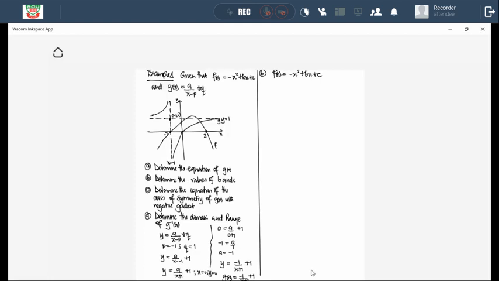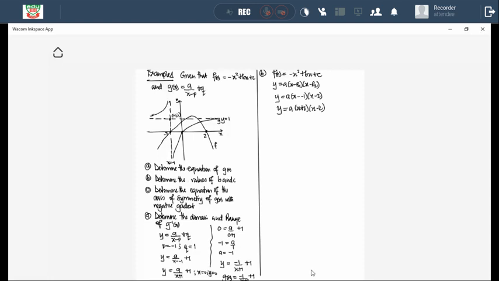Since I've got two roots, I'm going to say y is equal to a in bracket (x minus root 1)(x minus root 2). So that would be y equal to a(x - 2)(x + 1), something of that sort. Now the next thing is, where am I going to get a?